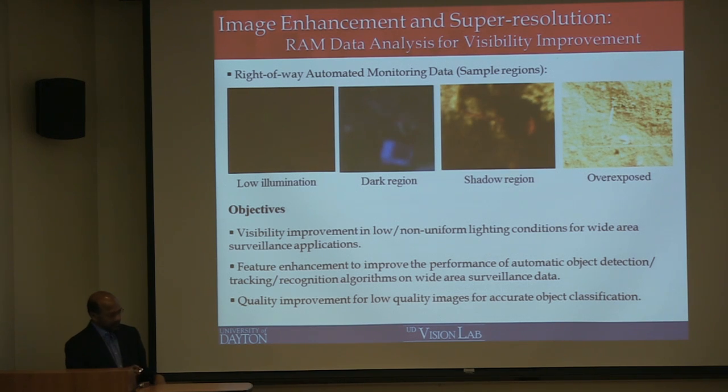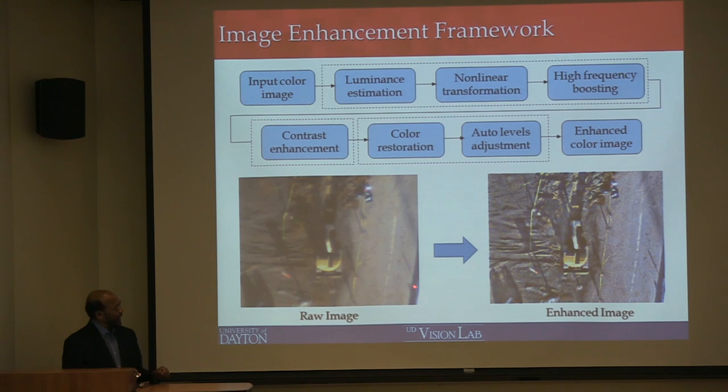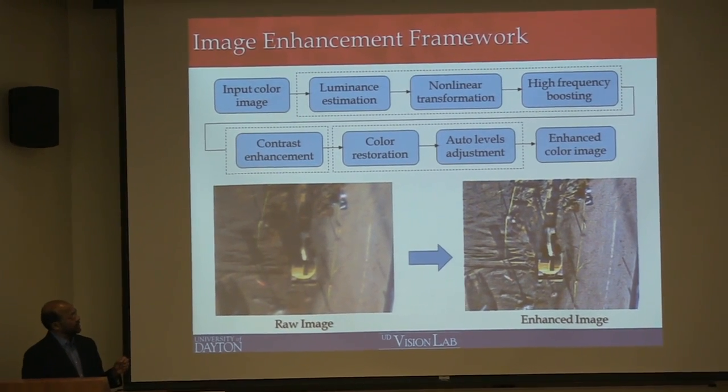So here, when we go for the enhancement first, I'm going to tell you, this is actually from blurred data, we need to enhance the data. So we have an enhancement algorithm developed in this group by some of our candidates here.